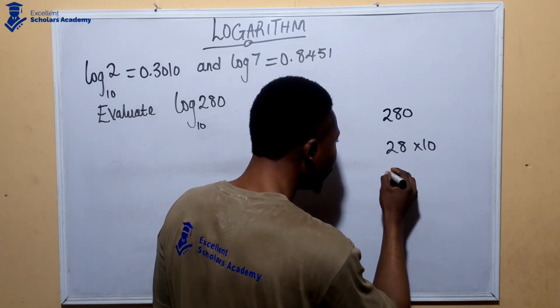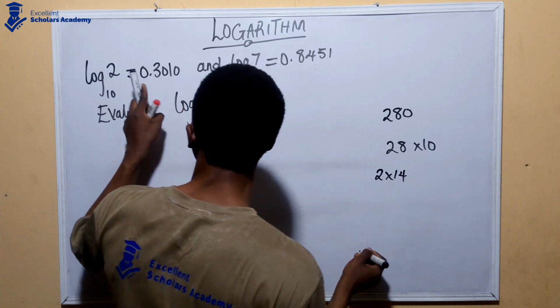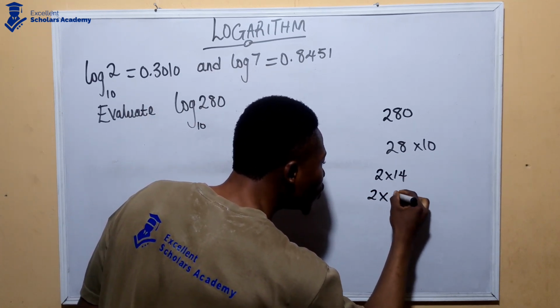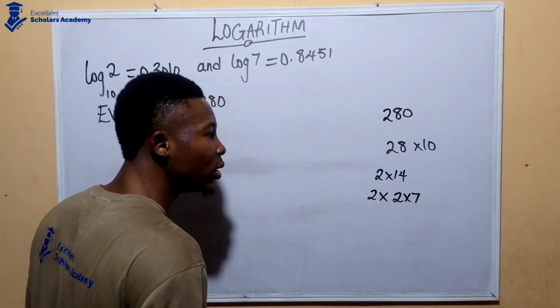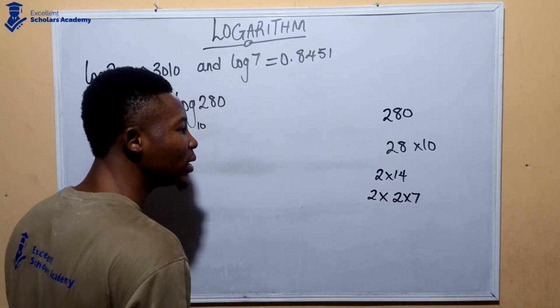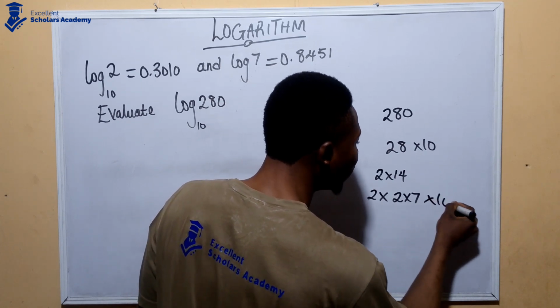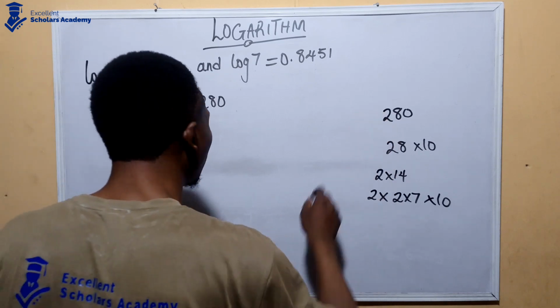If you watch closely, 2 times 14 gives me 28. And 14 itself is 2 times 7. So I have everything I need: 2 times 2 times 7 times 10 gives me 280.